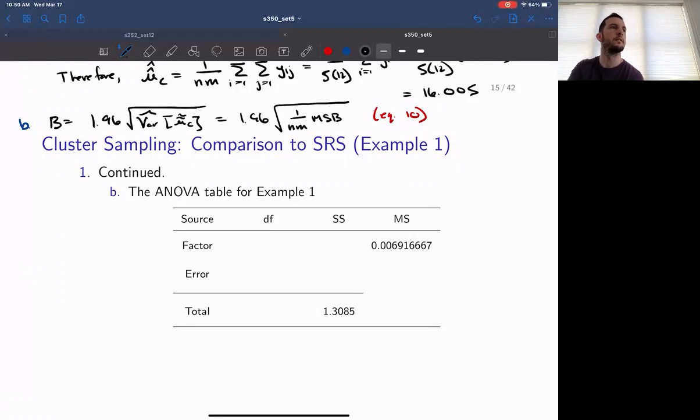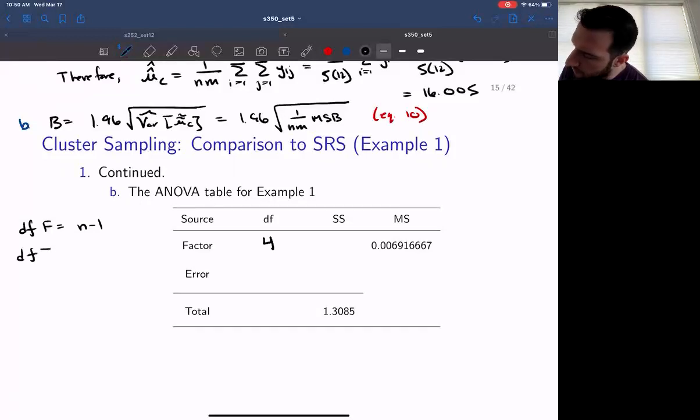The table is based off of what we have observed in the sample. So the factor degree of freedom is going to be the number of clusters minus 1. So DFF is going to be little n minus 1. This is 4 because we have 5 clusters in total, so 5 minus 1 is 4.